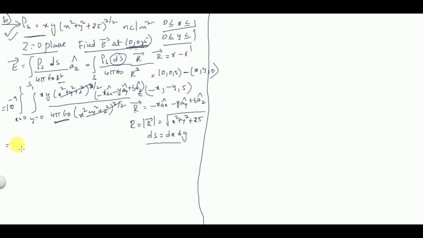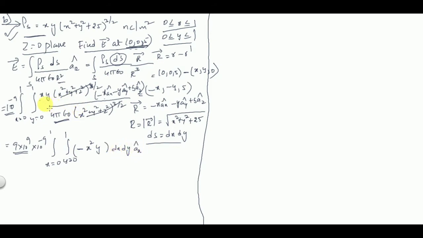So 1 by 4 pi epsilon naught value is 9 into 10 to the power of 9, into 10 to the power of minus 9, as it is I am writing here. So I have taken 1 by 4 pi epsilon naught outside and implemented its value. So integral x is equal to 0 to 1, integral y is equal to 0 to 1, xy into minus x, so minus x square y dx dy into ax cap.